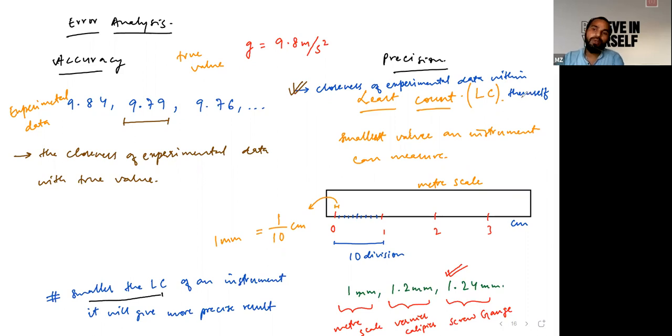If they are closer to one another, it means they have high precision. It means all of the experimental values are being measured from the same instrument, so they must be closer, or identical or equivalent to one another.